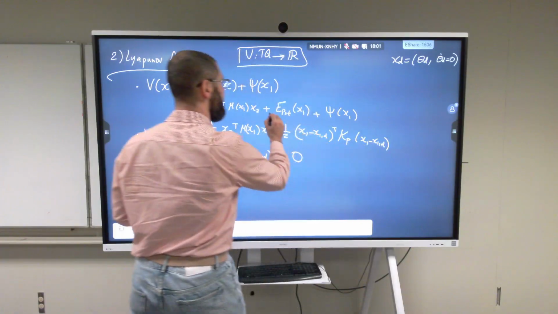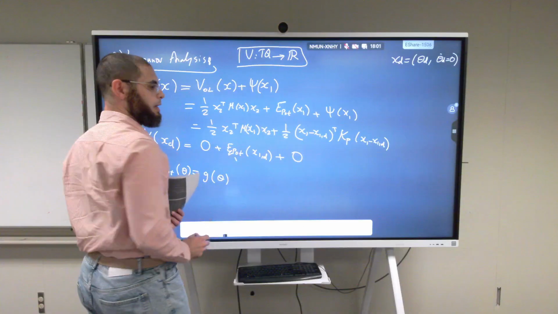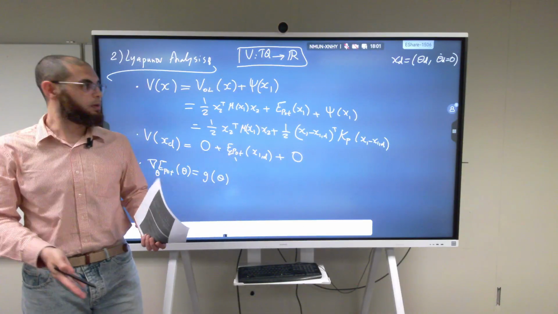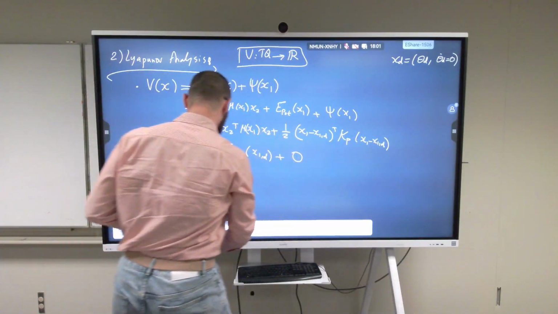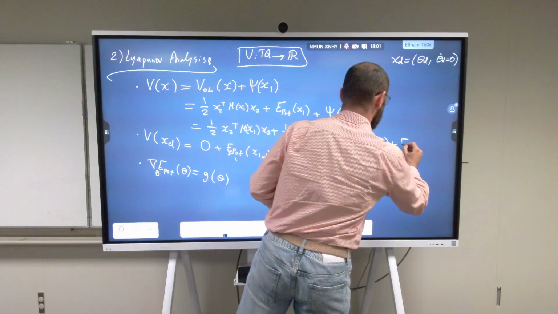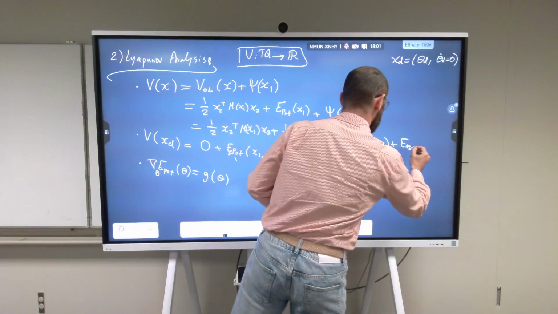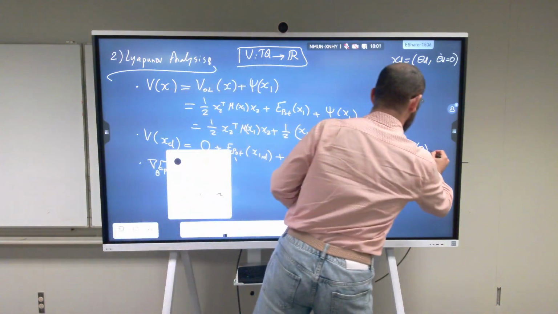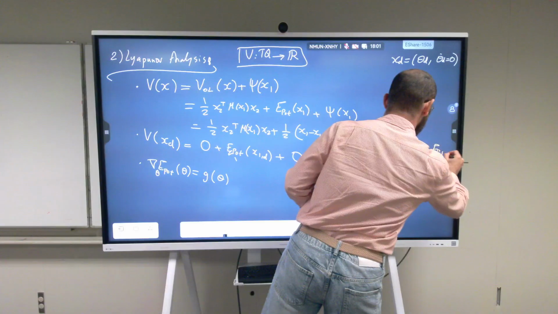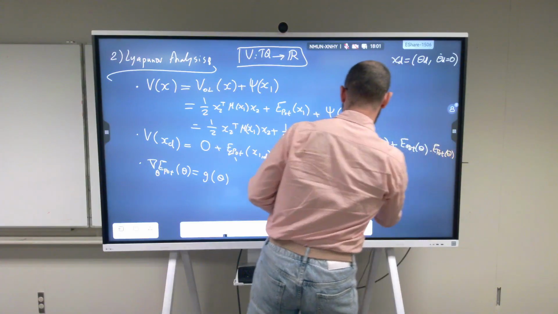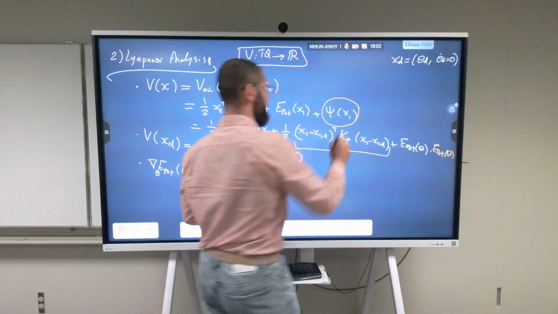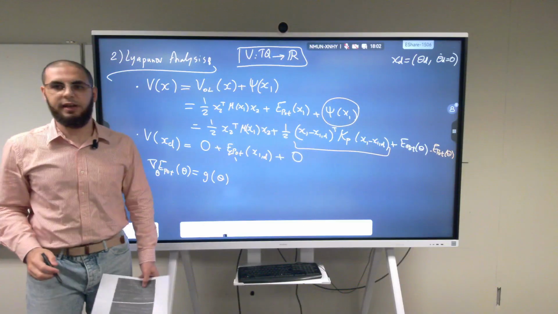And then I had plus E potential, the gravitational potential energy of the system. And afterwards I had minus that: E potential as a function of theta, and then minus E potential as a function of theta. So these two terms, everything that's in yellow here, is simply this psi of x1 that we added.